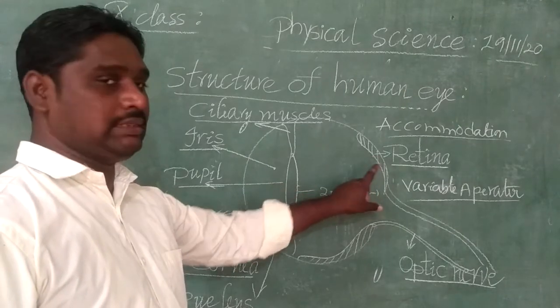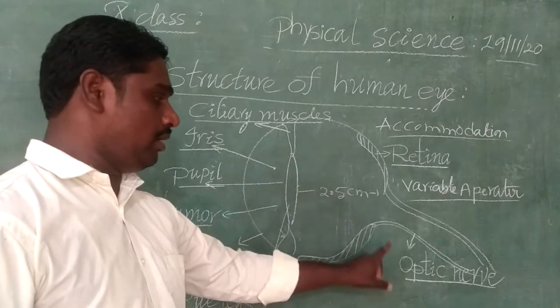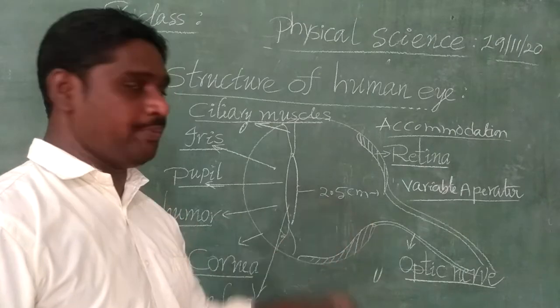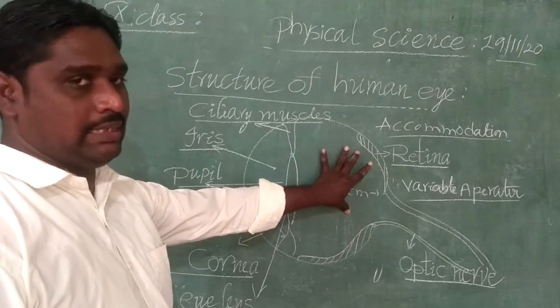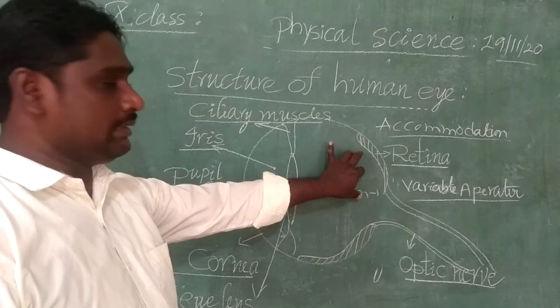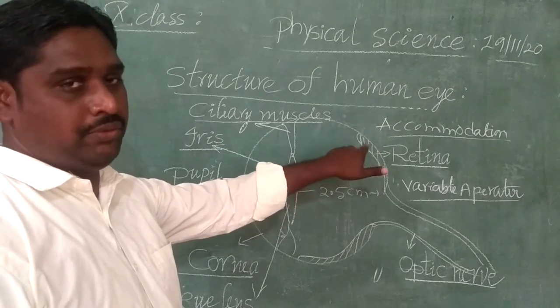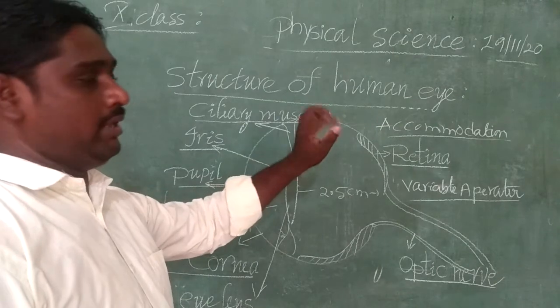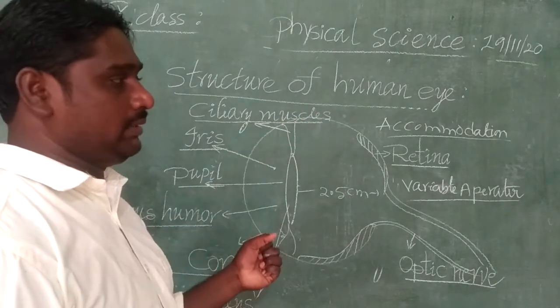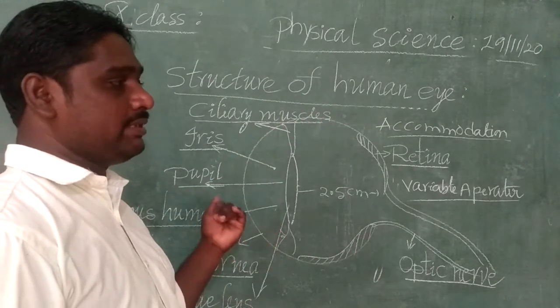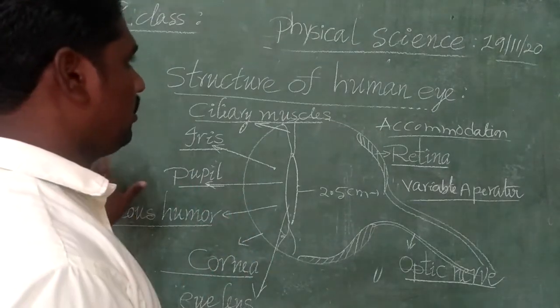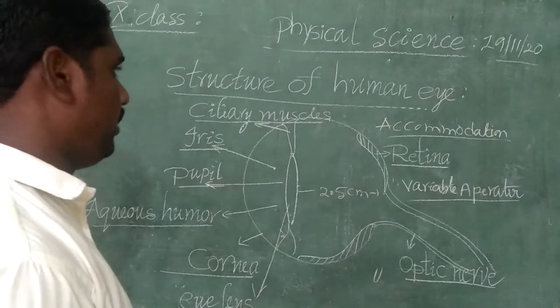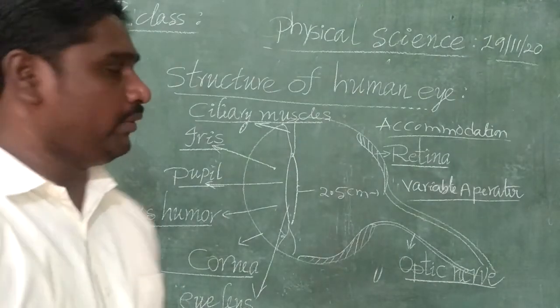These light signals are sent to the brain through about 1 million optic nerve fibers. The brain analyzes and interprets these signals to give the final information. So we perceive the object's size, shape, and color. These are the various components and the structure of the human eye.